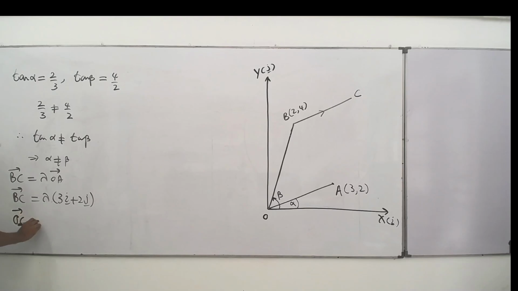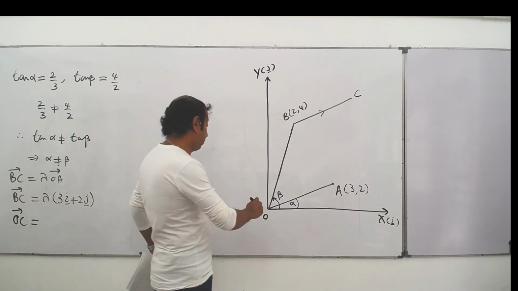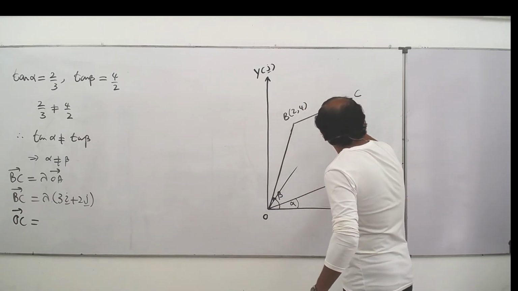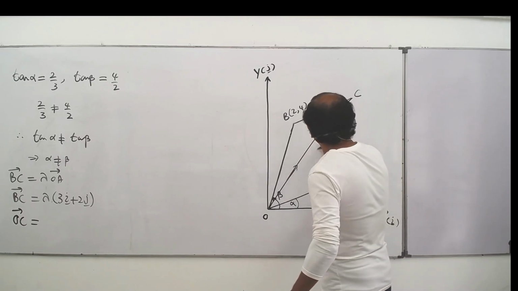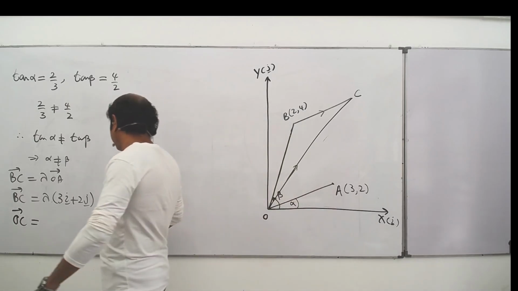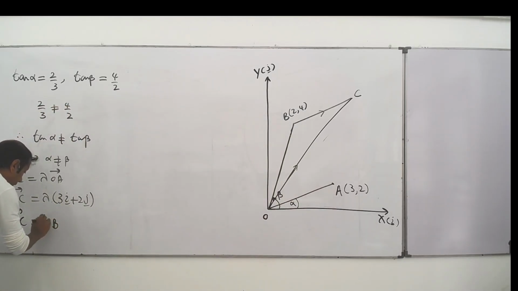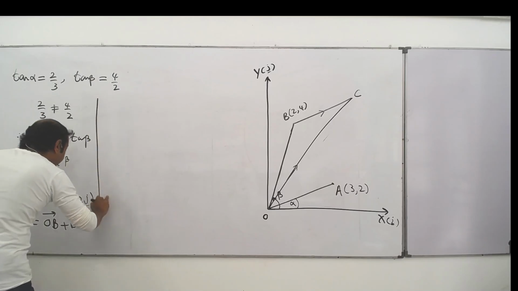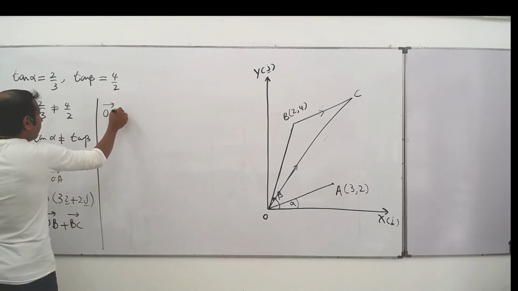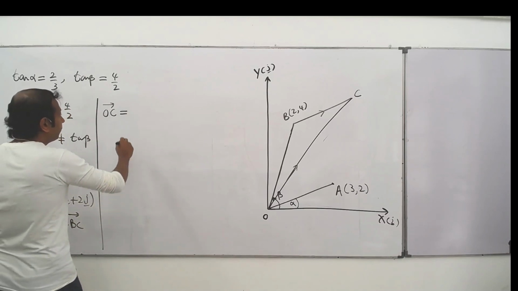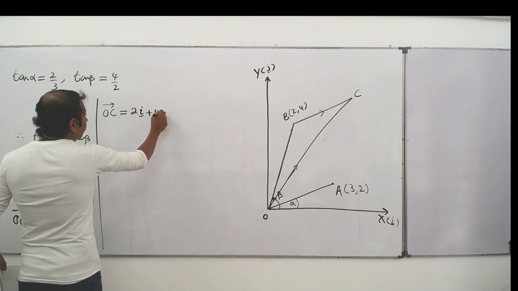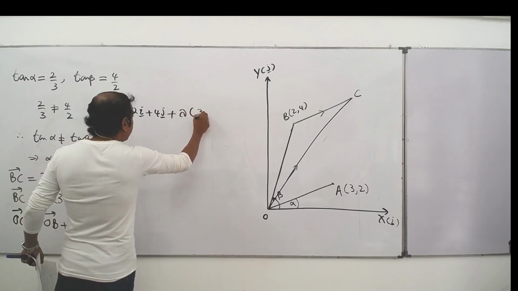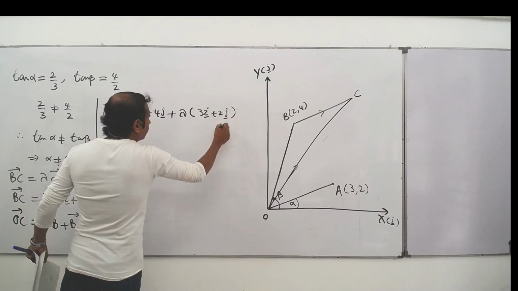OC vector you can write as OB plus BC. OC vector, OB is 2i plus 4j, BC vector is lambda times 3i plus 2j. This way.